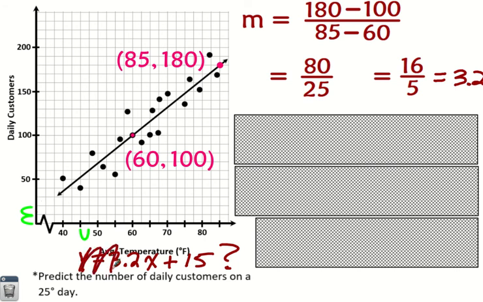No. Because look, see this right here? This means we skipped a whole chunk of the x-axis, meaning the y-axis, and therefore our y-intercept is not really there.